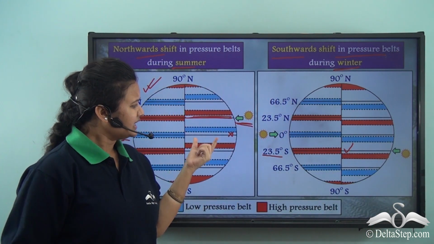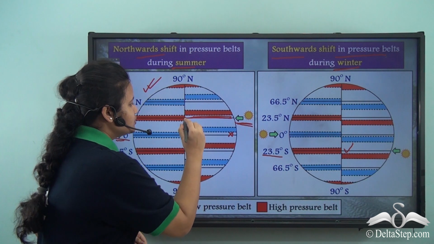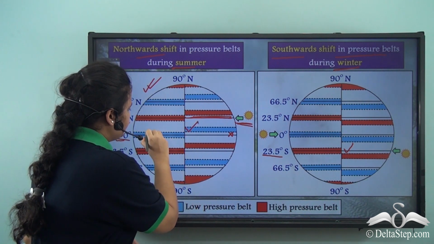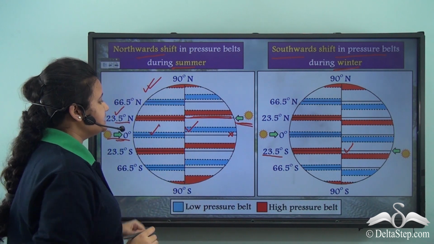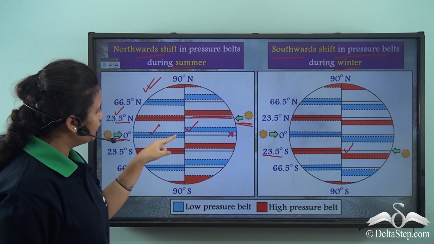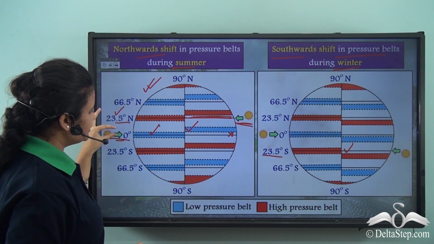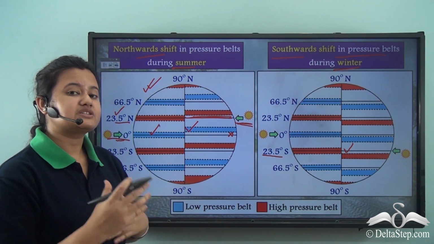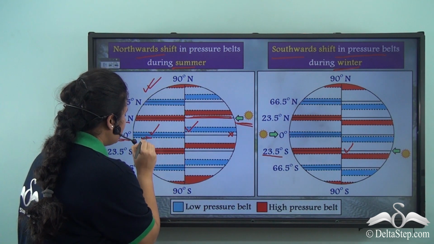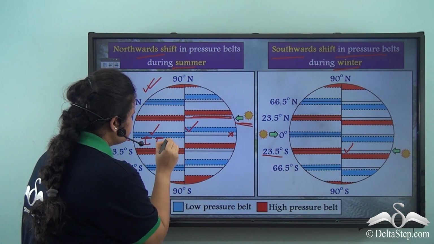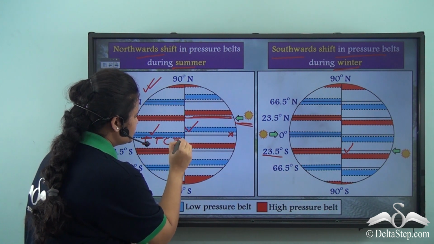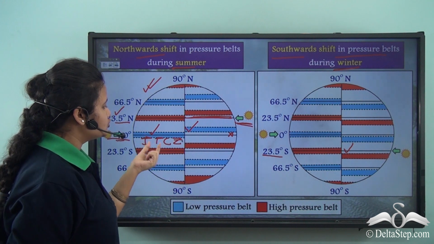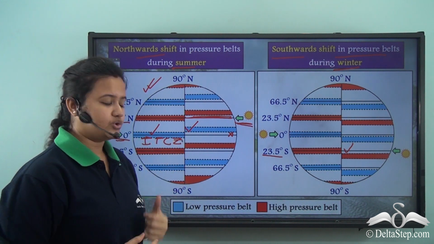Now, if we look into this particular pressure belt, this one is the equatorial low pressure belt and it lies just across the equator. This equatorial low pressure belt is also known as ITCZ, which stands for Intertropical Convergence Zone.